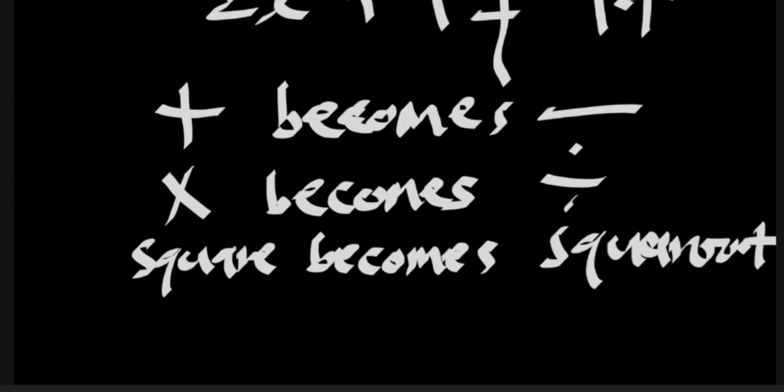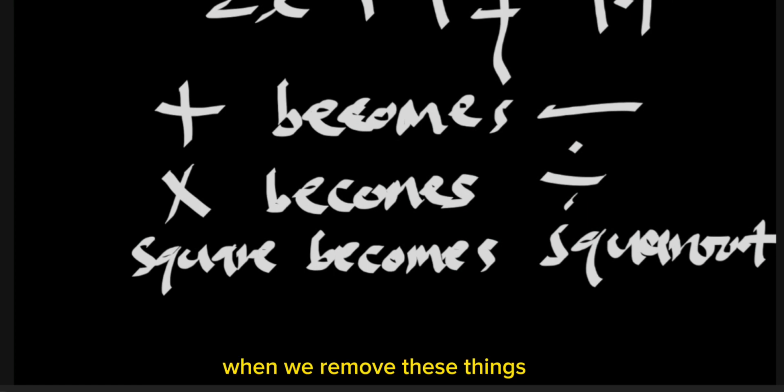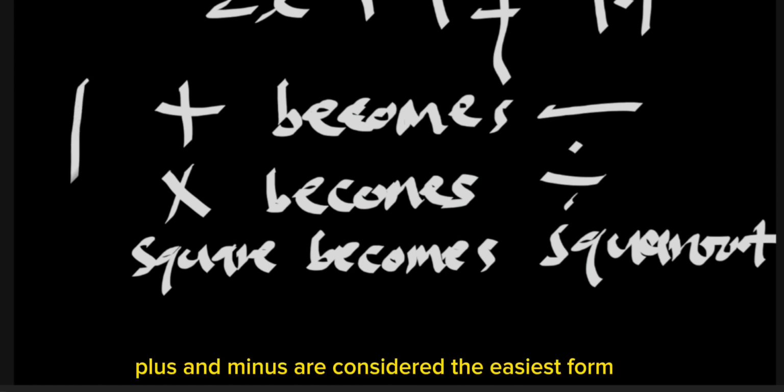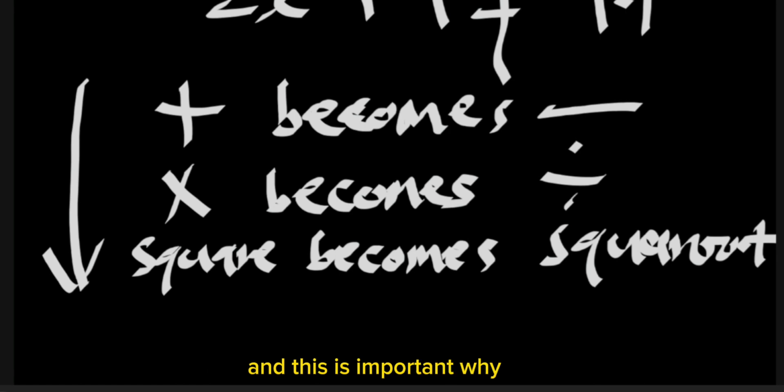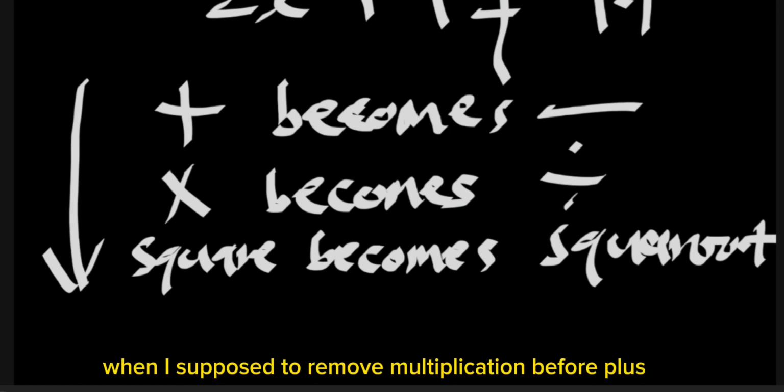Now when we remove these things, we remove them from the easiest to the hardest. So if you see, I wrote this in a progression. Plus and minus are considered the easiest form, then multiplication and division are the next, and then square and square root. Now this is important. Why? We're not supposed to remove multiplication before plus.